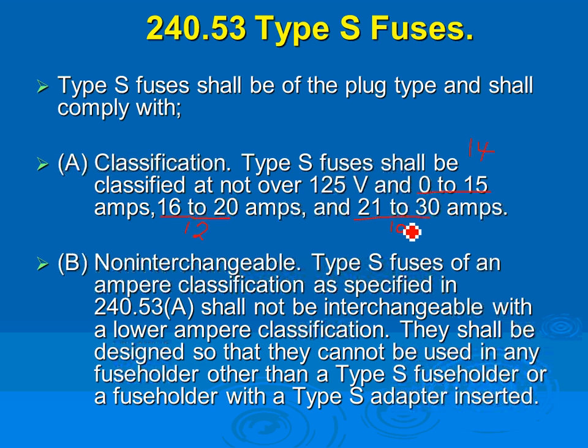Number 10. So very clearly why they labeled them in that range. It goes nicely with the most common branch circuit conductors that we use. And they say the types shall not be interchanged, where you can put a 30 amp in a place where you should put a 15.